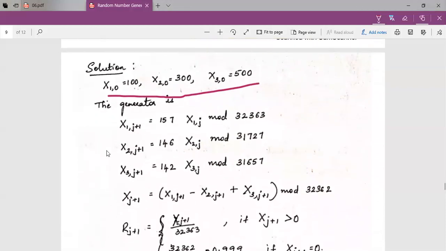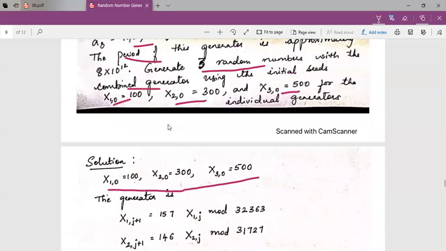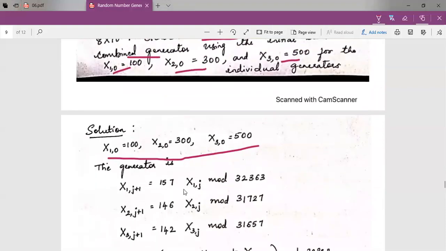This is the formula that we'll be using to generate the random integers. x(1,j+1) equals 157, which is the A1 value, times x(1,j). Initially this j value will be 0.